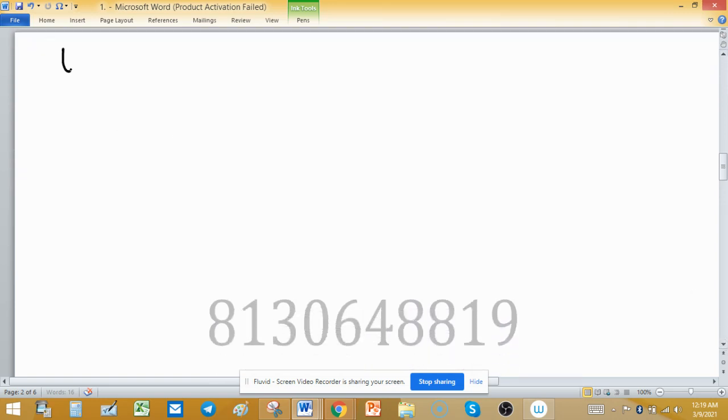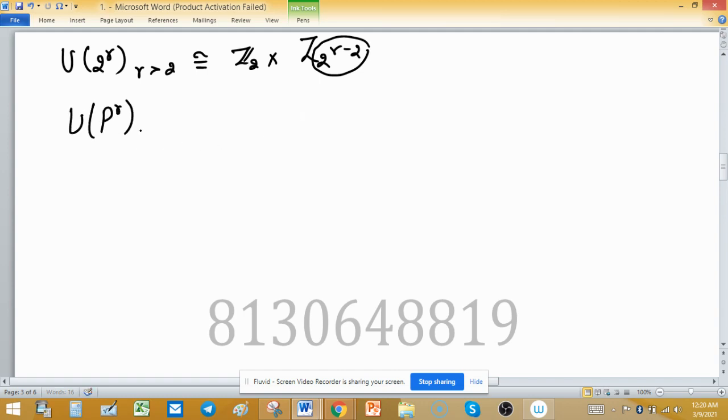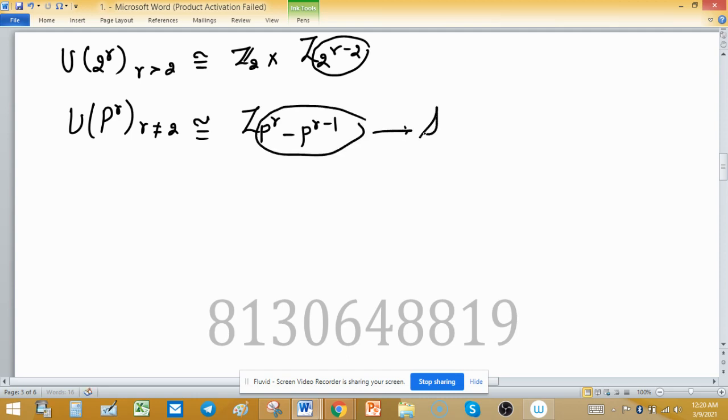Very important: U(2^r) with r greater than 2 is isomorphic to Z_2 x Z_(2^(r-2)). And U(p^r) with p odd is isomorphic to Z_(p^r - p^(r-1)). All these are in subscript.